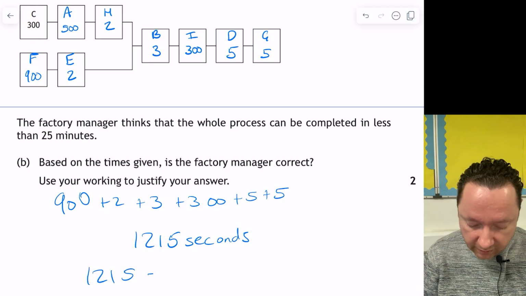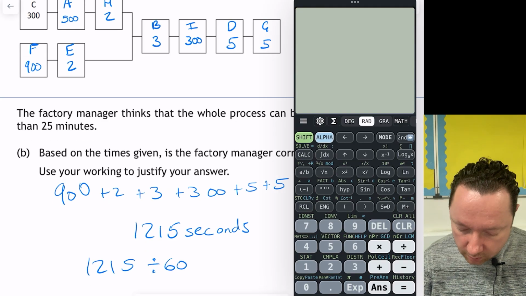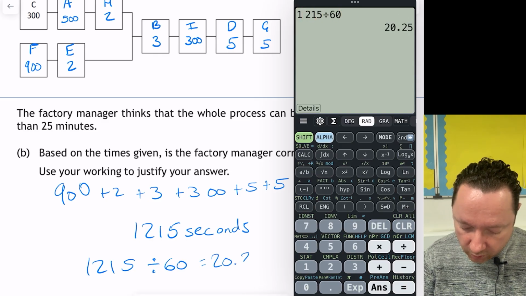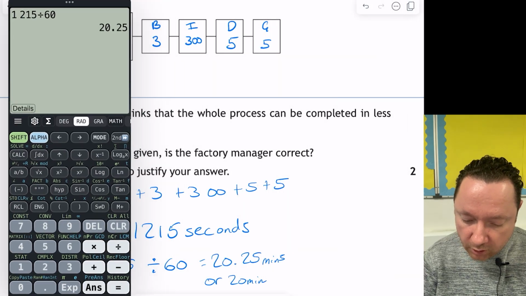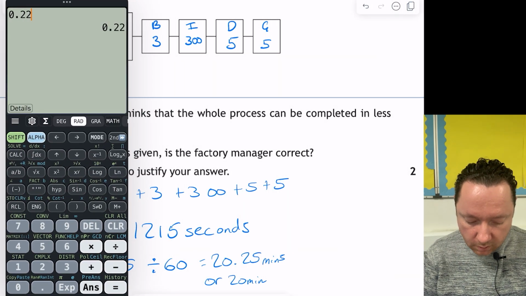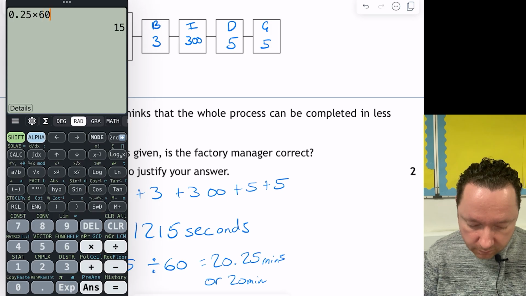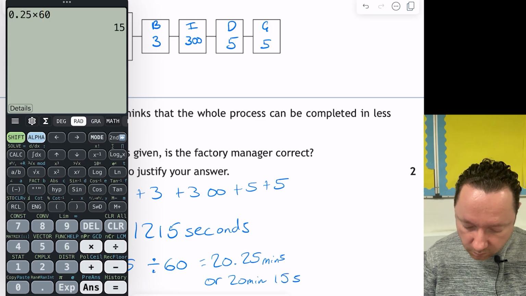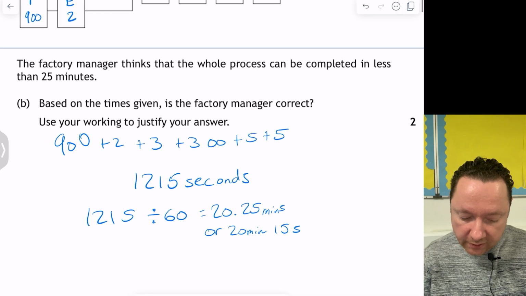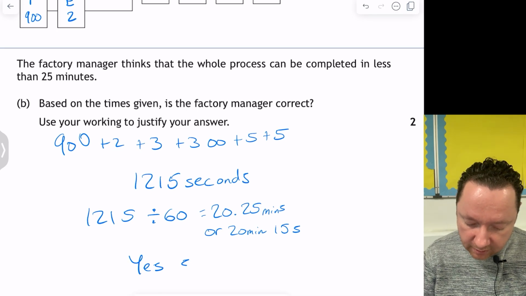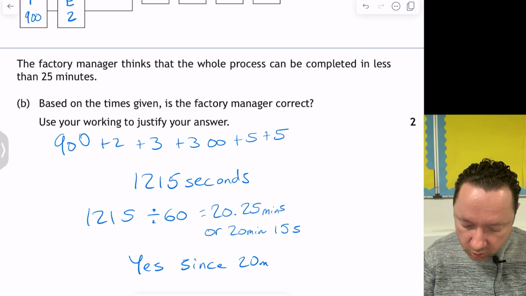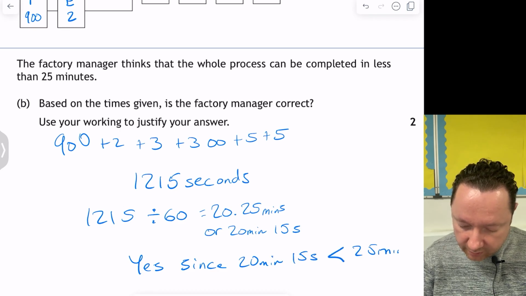So I'll do 1215 divided by 60. 1215 divided by 60 is 20.25 minutes, or 20 minutes, and 0.25 is a quarter of a minute, which is 15 seconds. So, can be completed in less than 25 minutes. Is he right? Yes, since 20 min, 15 seconds is less than 25 min.